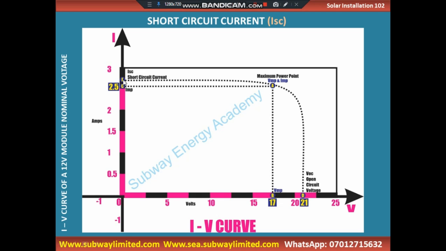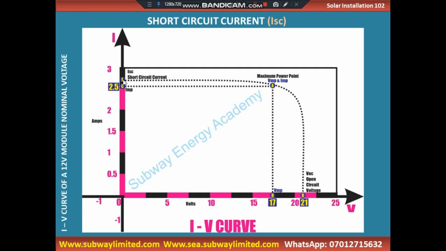So when we are talking about the short circuit current, it is the current that your solar panel will produce when you link the positive and the negative probe together. Please don't try this. You cannot link the positive terminal and the negative terminal of a solar battery together. Before we get to solar battery, you have to understand this.